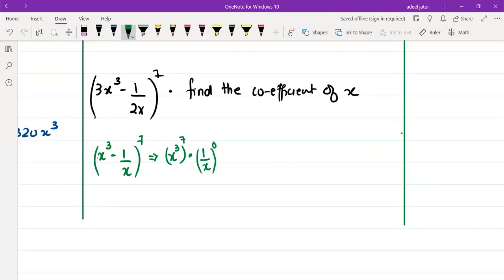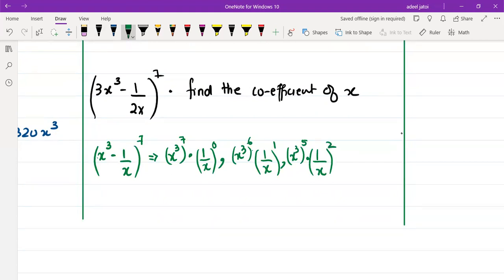Now, the next term will be x cube to the power 6, and this should be 1 upon x to the power 1. The other term will be x cube to the power 5, and this should be 1 upon x to the power 2.